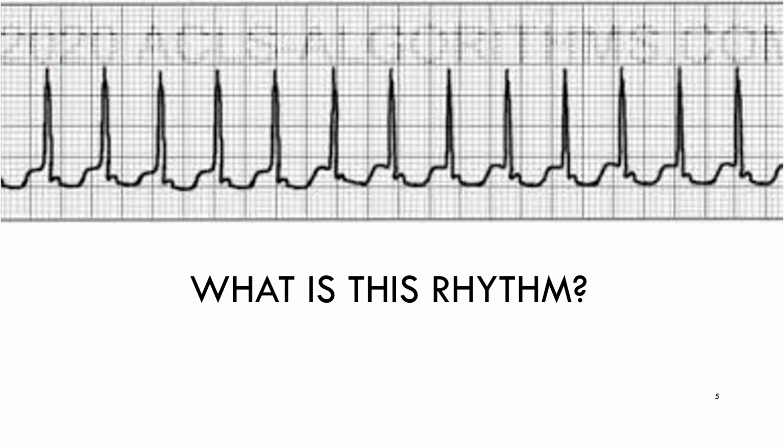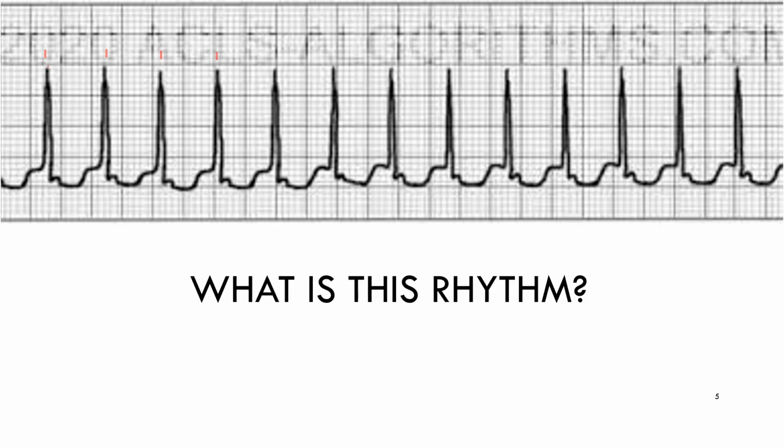Number one, each of these right here, this is the QRS complex, right? QRS complex, QRS complex, QRS complex. One of the simplest ways to measure the heart rate is to count the number of boxes and divide that into 300.